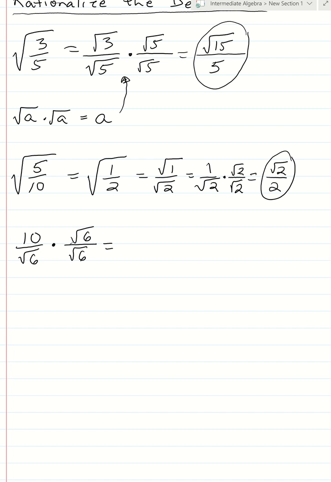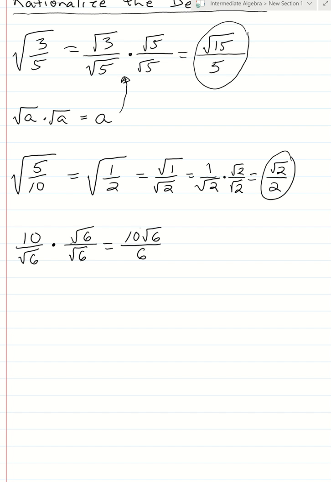When we perform the multiplication now, let's see what this would give us. This would give us a 10 square root of 6 in the numerator, and in the denominator, where we have a square root of 6 times a square root of 6, that simply gives us 6. But we're not done yet, because now once again, take a look at that fraction, see if there's anything you can do to simplify.